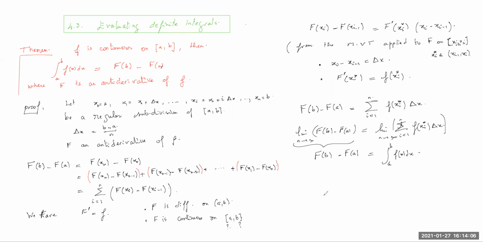So finally, as long as you can find an antiderivative of your function, you can compute the exact area under a curve given by y equals f(x) over an interval [a, b]. Just take the value of your antiderivative at the highest endpoint, minus the value at the other endpoint, and you have your area.